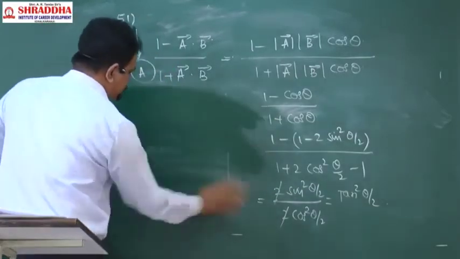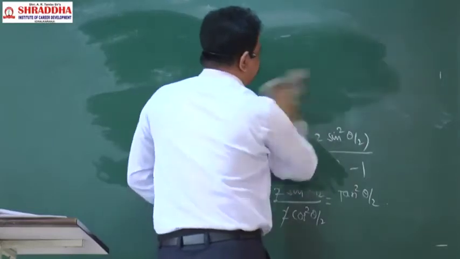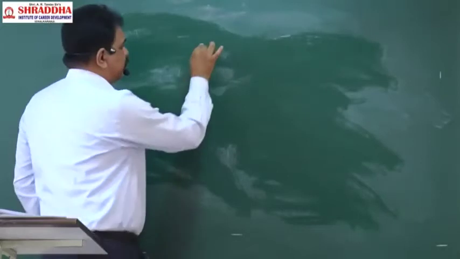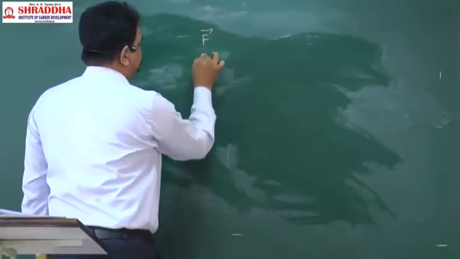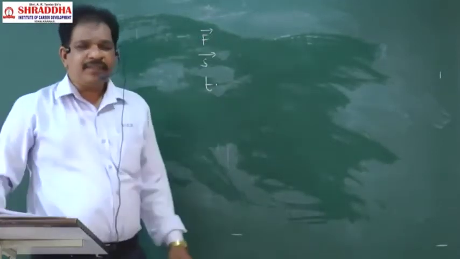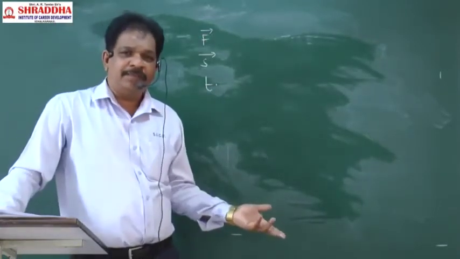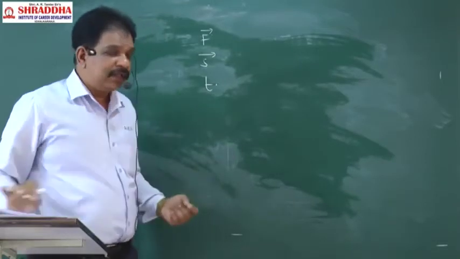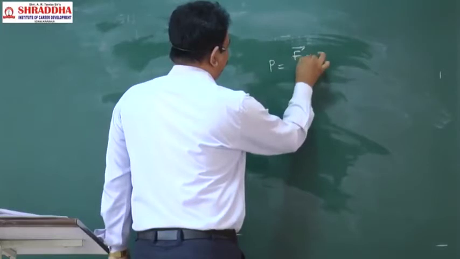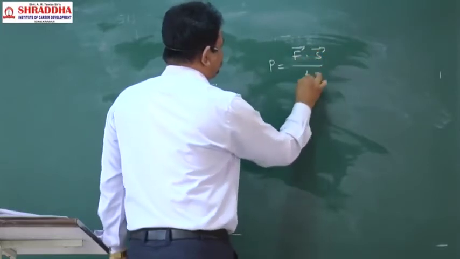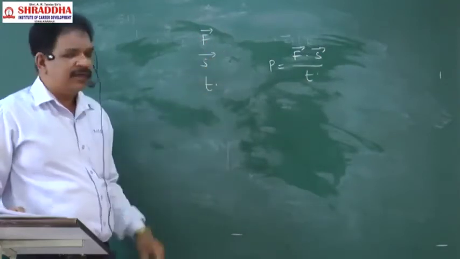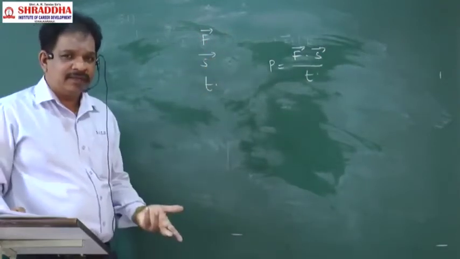You see this question, we did this model in this class only. What they are asking: F bar given, S bar given, time given, they are asking to calculate power. What is the concept there? Power is equal to F bar dot S bar by T. They may give any value for F, S and T. We can't imagine.